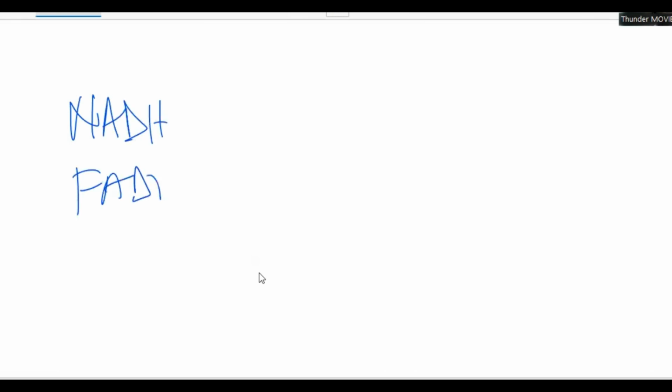So in this case, basically what we are looking at are the NADH and the FADH2. Remember they contain this hydrogen. They take the hydrogen to oxidative phosphorylation.